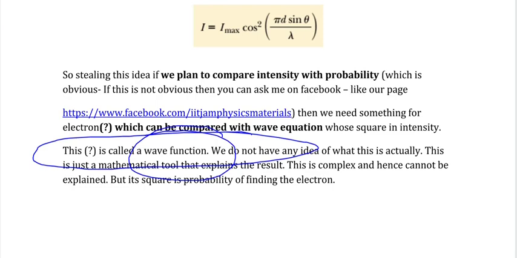But in the case of electrons, we have this wave function that corresponds to the wave equation, but it is complex. You cannot draw it on your paper, but strictly mathematically it helps us understand quantum mechanics. So whenever you are given a wave function, don't try to understand what the wave function is, just try to understand the square of the wave function. The square of the wave function is probability.